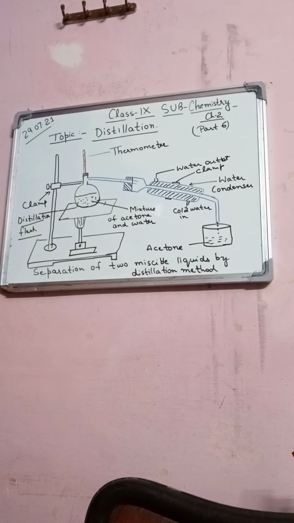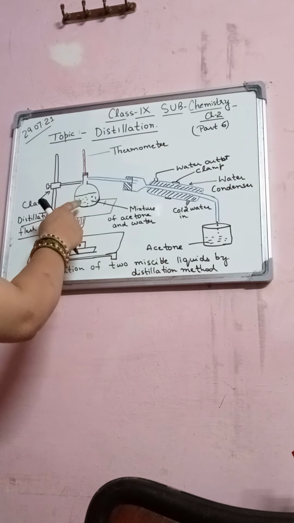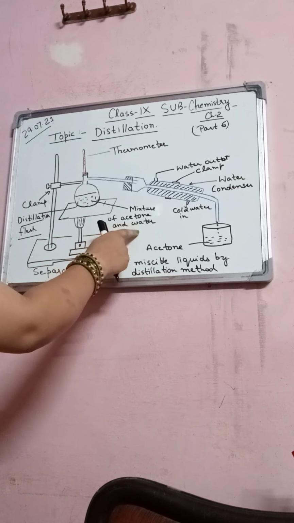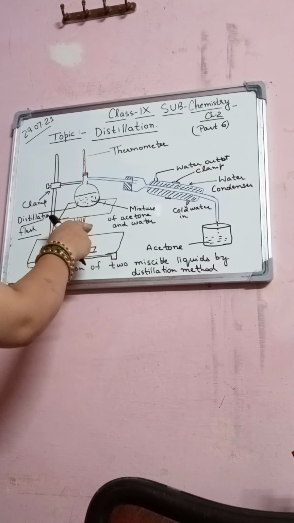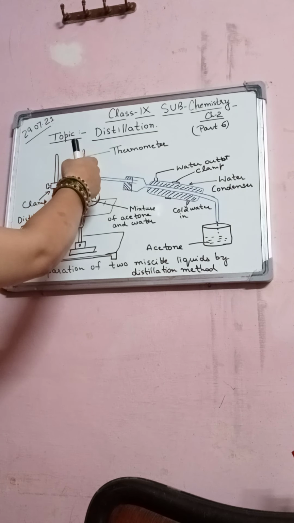So the first step is to arrange the apparatus as shown here. Now, by supplying the heat, we are taking the mixture of acetone and water. A thermometer is attached to the flask.